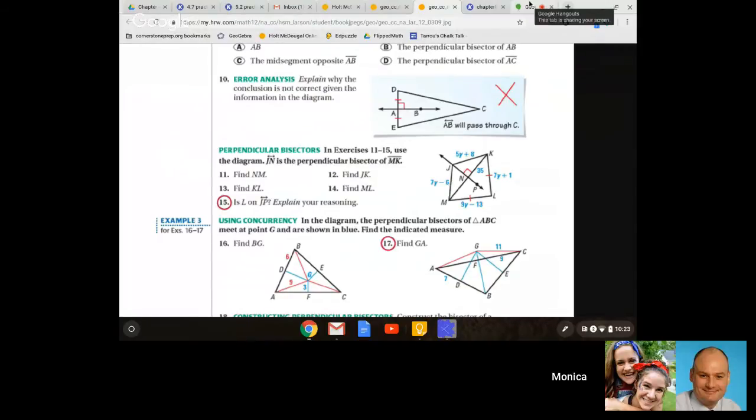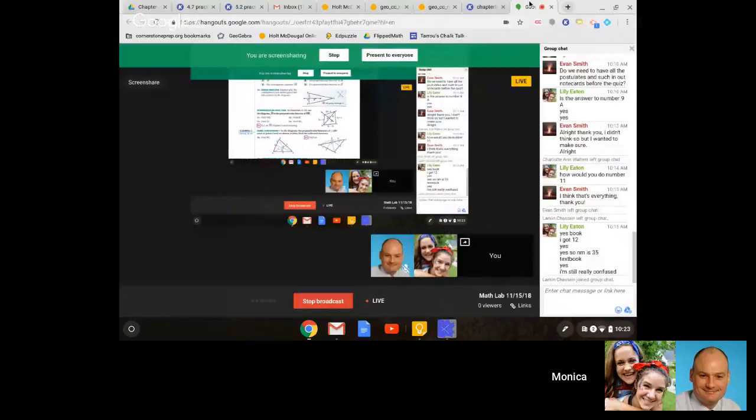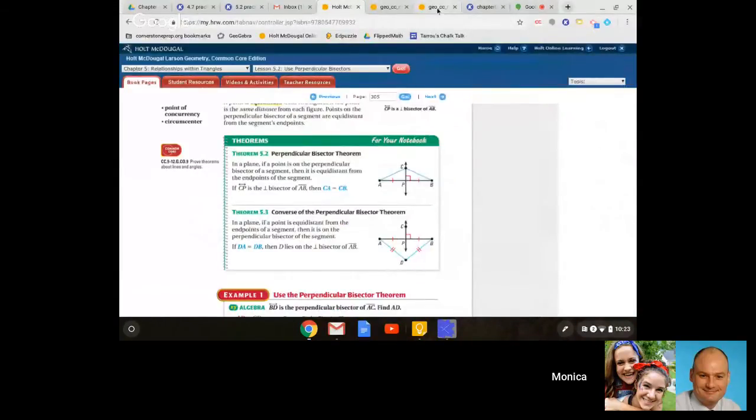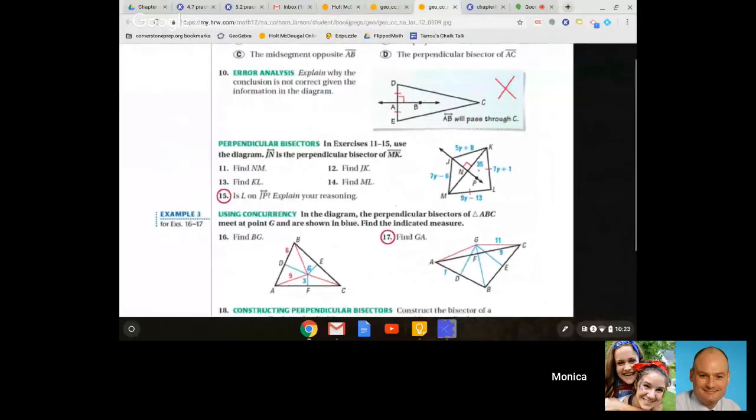Okay? Okay. How would you do number 12? Number 12? Okay, so number 12 is JK. So if we look at this one, we see that we have this perpendicular length, our perpendicular segment.